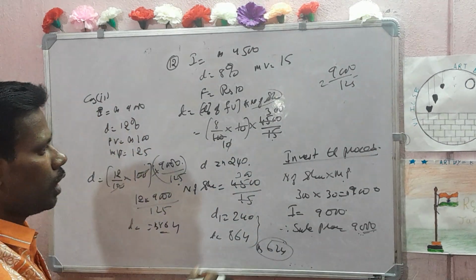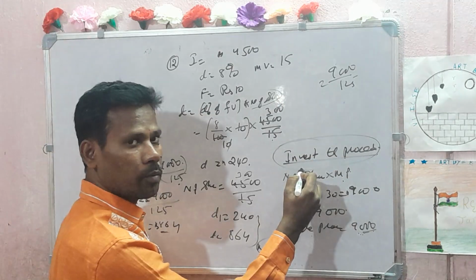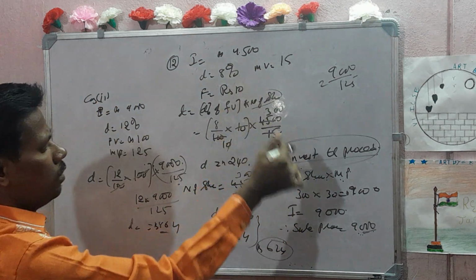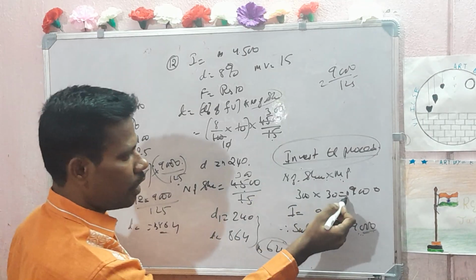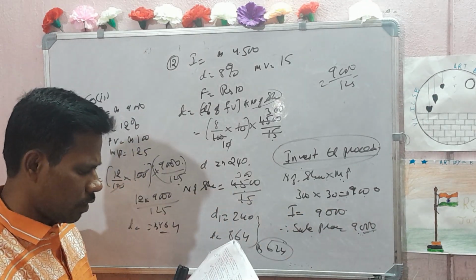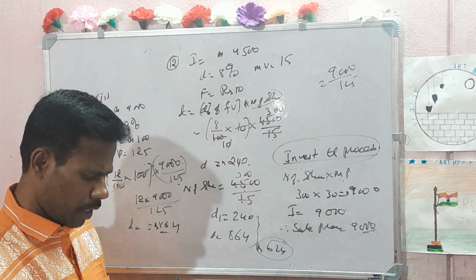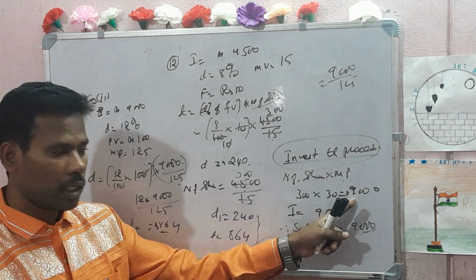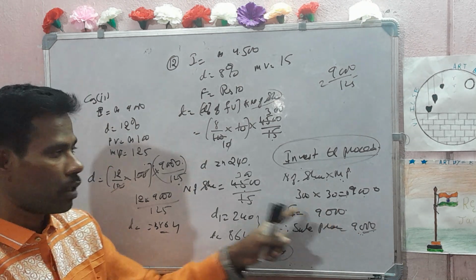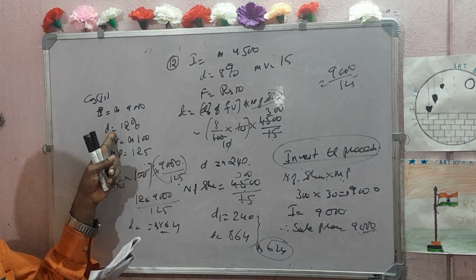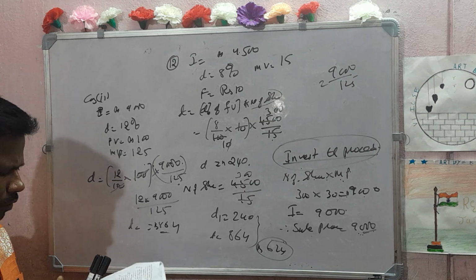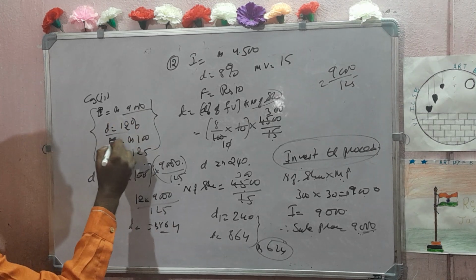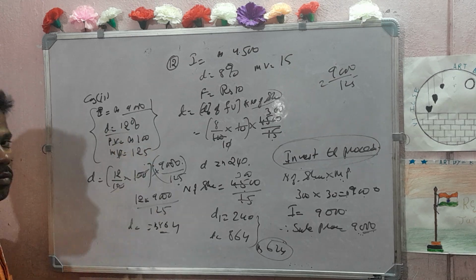Are you understanding? Again invest the proceeds: that is number of shares into market price. Number of shares is 300, and market price is when the price rises to rupees 30. So sale proceeds are 9,000. Now case 2: again this routine, write all the given conditions: investment, D1, dividend percentage, face value, market value.